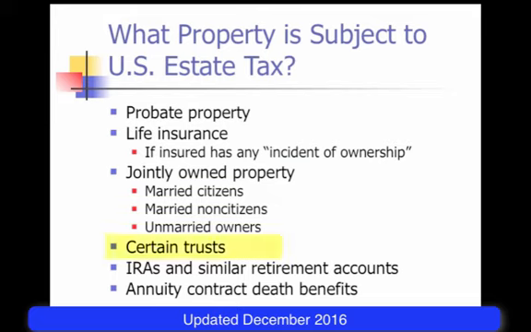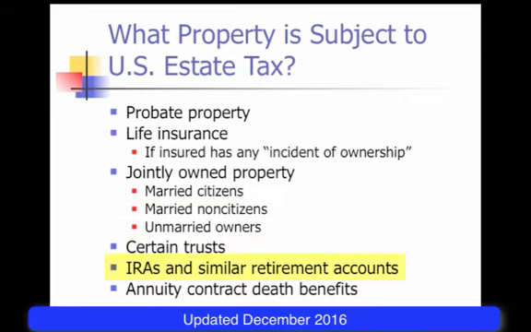Certain types of trusts are included, and if you have a trust and you created it, made a transfer to it, and retained benefits for yourself, those types of trusts are included, or trusts over which you retain a certain control over the property that you put in.